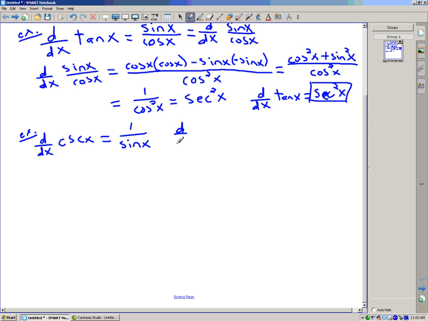So we're going to have the derivative, again, of a quotient, and we're going to apply the quotient rule. More practice. So we've got the bottom times the derivative of the top. The derivative of 1, of course, is 0. Minus the top times the derivative of the bottom. And that's all over the bottom squared.